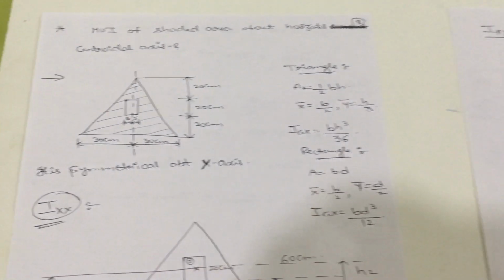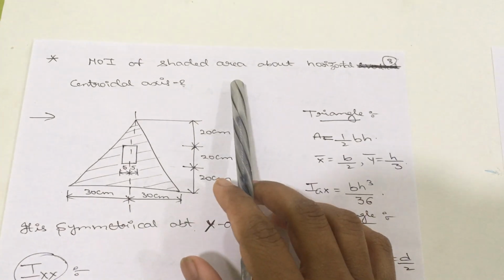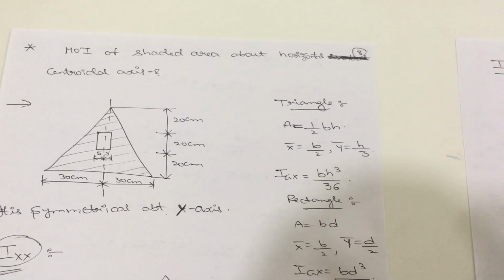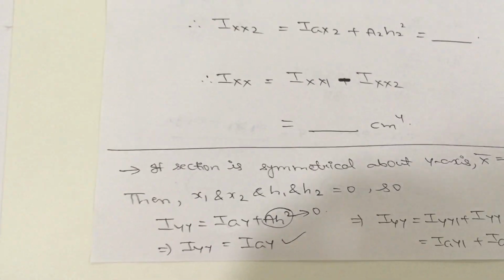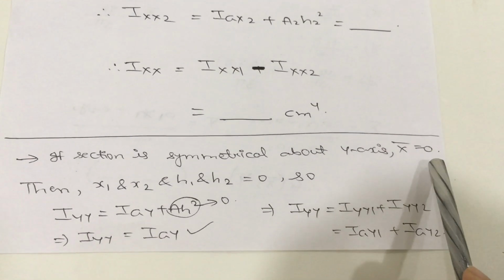Suppose for example, the same problem and the same diagram with the same dimensions, if they are asking to calculate the area moment of inertia about the vertical centroidal axis, that is nothing but Iyy, then as the given section is symmetrical about the y axis, we know that x bar is equal to 0.